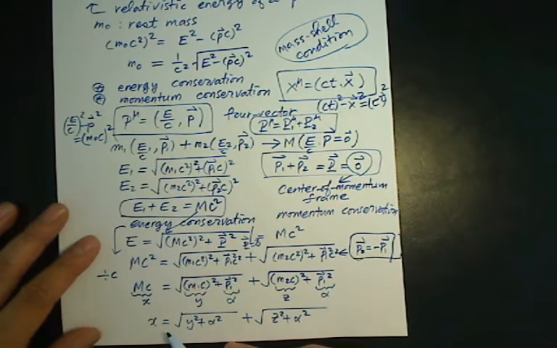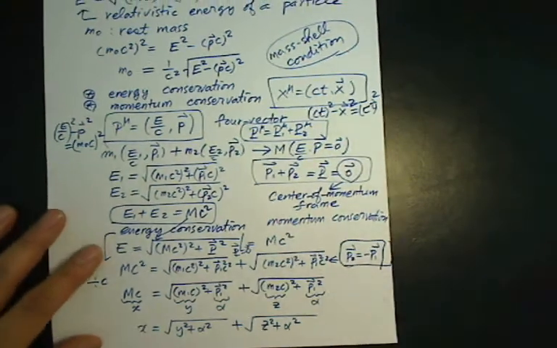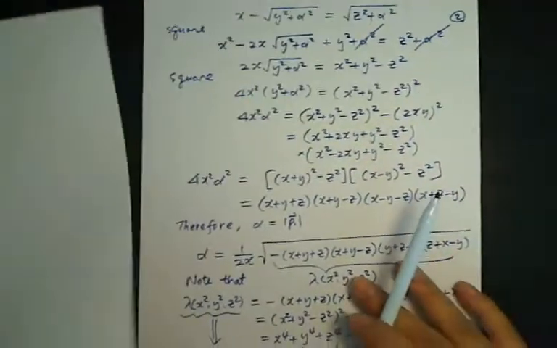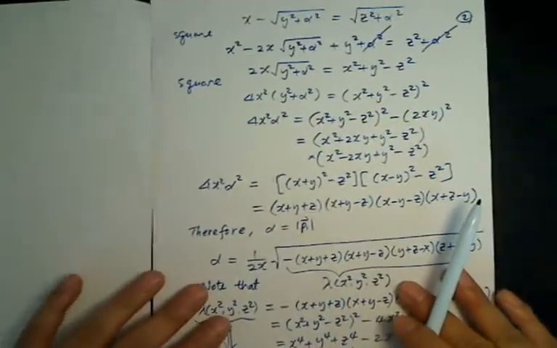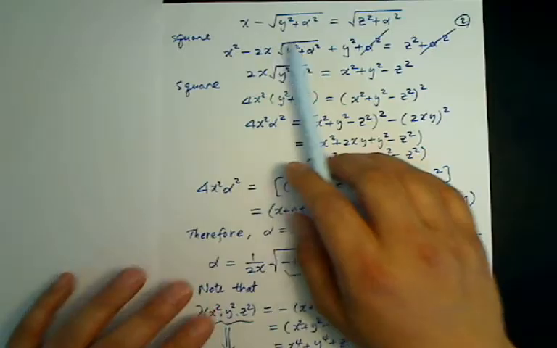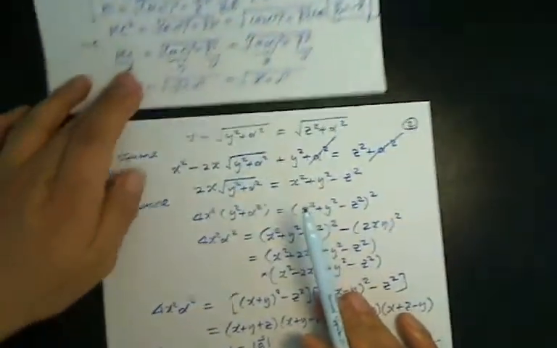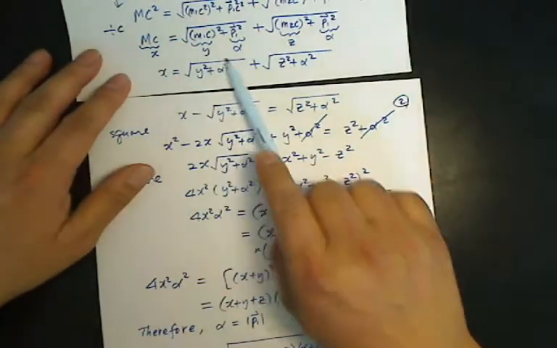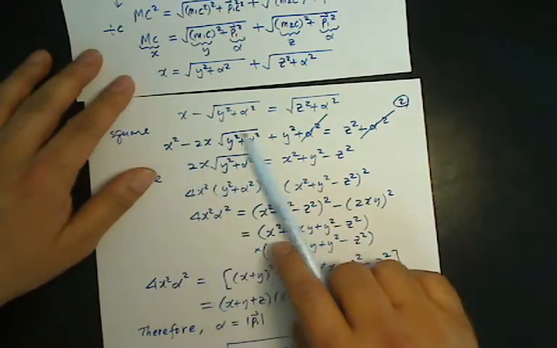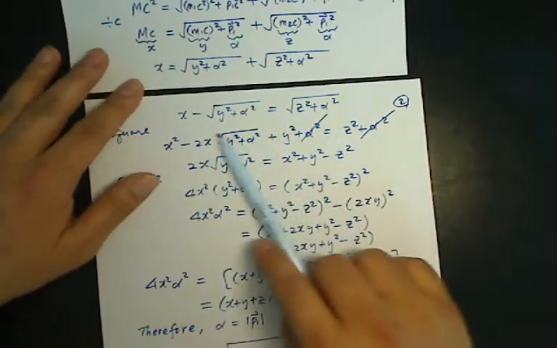Thus we have x equals the square root of y squared plus alpha squared plus the square root of z squared plus alpha squared. Now, the equation can be solved by moving this square root to the left and taking the square.